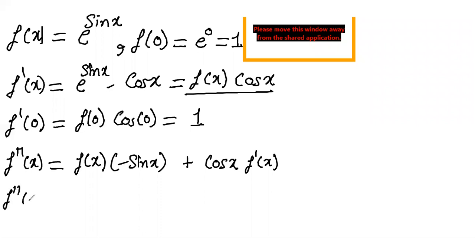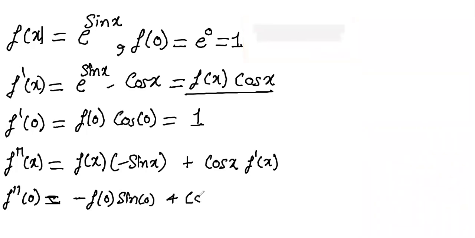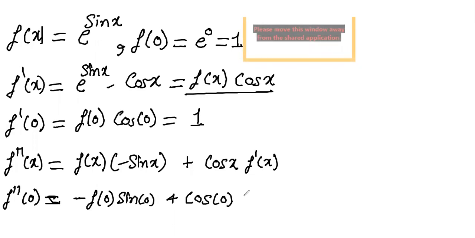So f double dash 0 will be minus f0 sin 0 plus cos 0 and f dash 0.